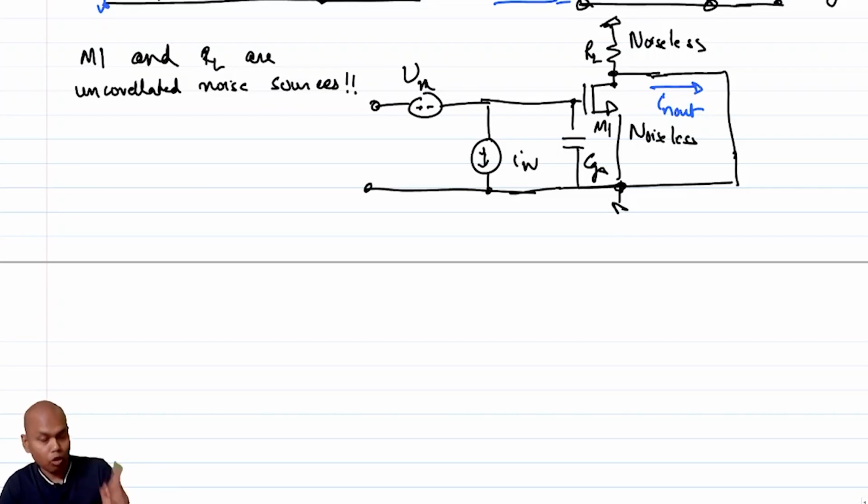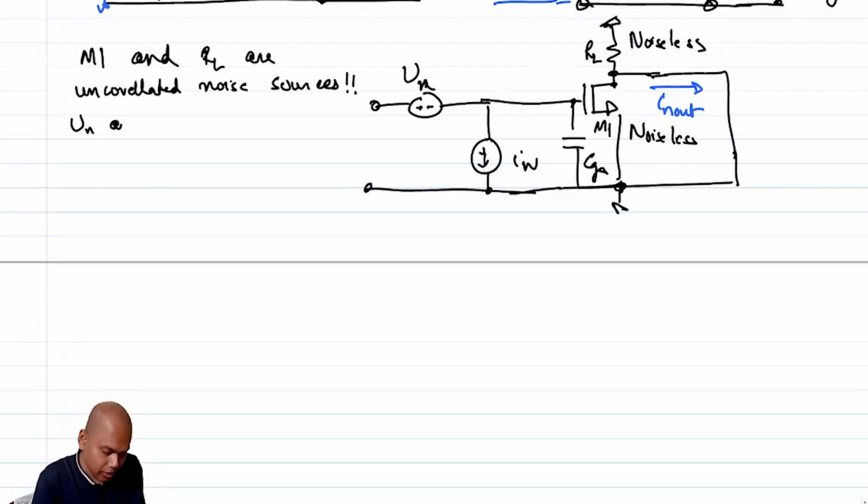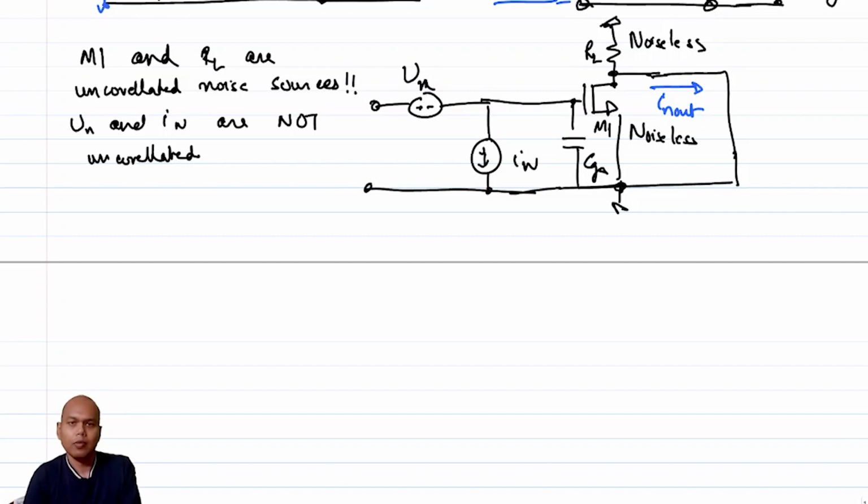But before doing that, you need to be careful: Vn and In are not uncorrelated. Why? Because Vn and In can both have contributions from the noise of M1, and I need Vn and In to model the noise contribution from both M1 and RL.